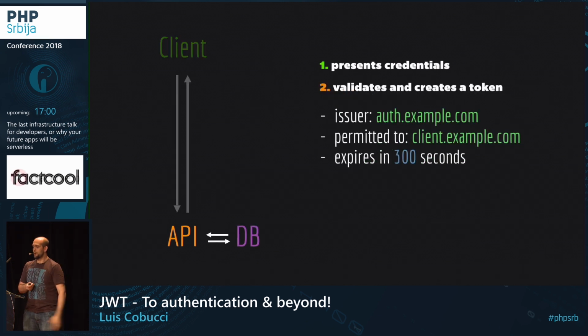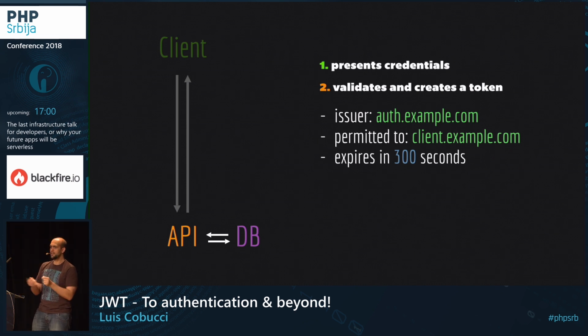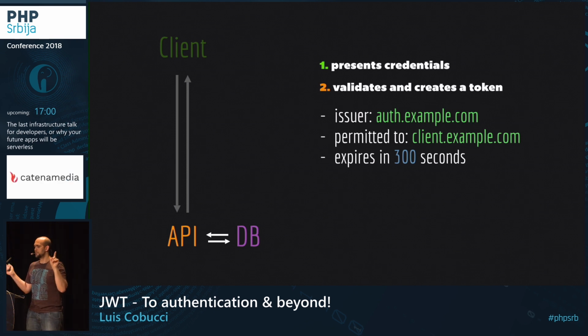We will have a validation, but here we're going to add some information in the token. So I'm going to say that my API, which is auth.example.com, is the issuer of the token. And that token is permitted to this specific client. And it will expire in 300 seconds.